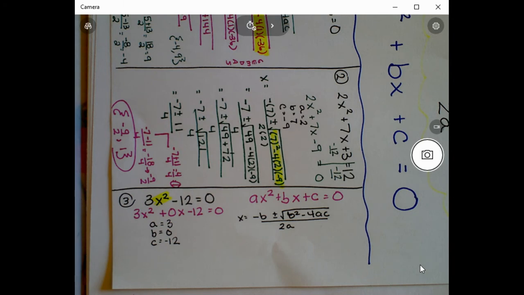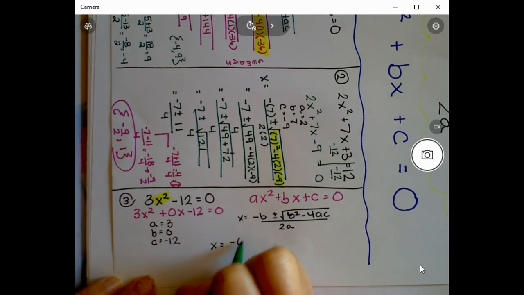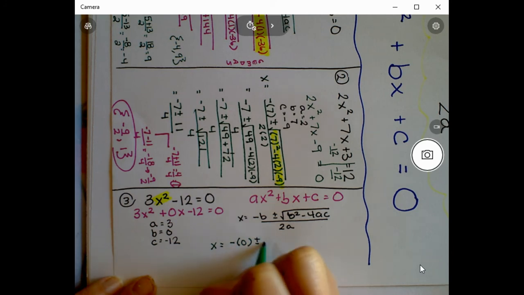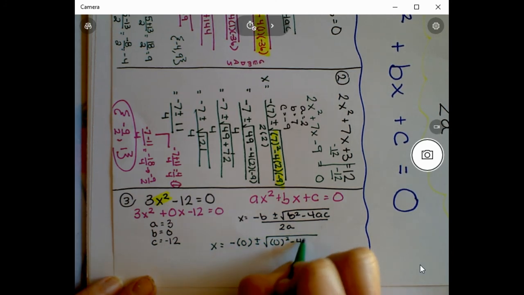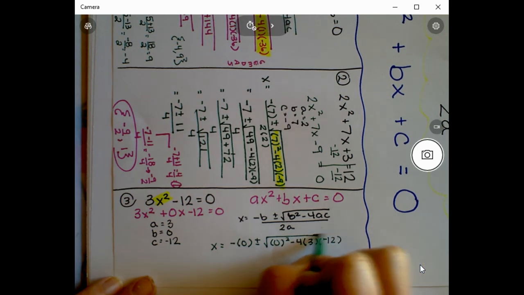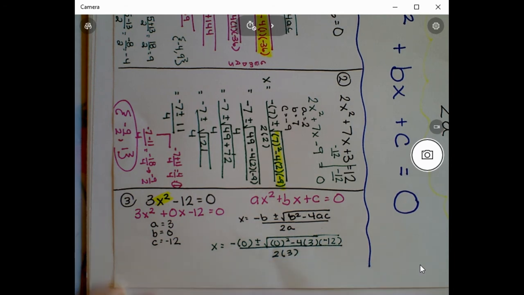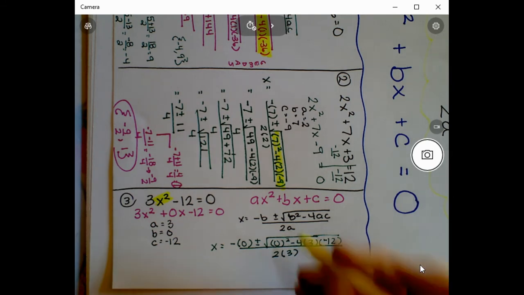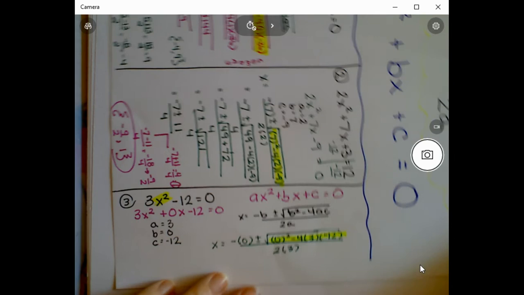All right, let's substitute. X equals negative b plus or minus the square root of b squared minus 4ac all over 2a. Okay. Again, we're going to start with this group, but I'm also going to simplify around the group the things that I can.